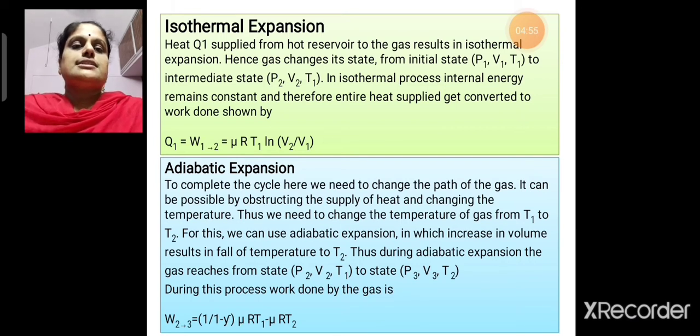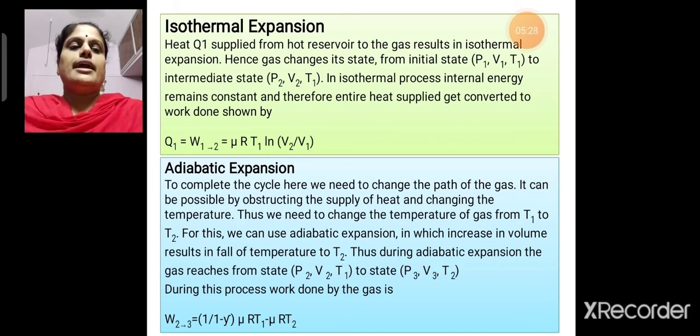The second process is adiabatic expansion. To complete the cycle, we need to change the path of the gas. It is possible by obstructing the supply of heat and changing the temperature. Hence, the temperature is changed from T1 to T2. In adiabatic expansion, the increase in volume results in a fall of temperature to T2.